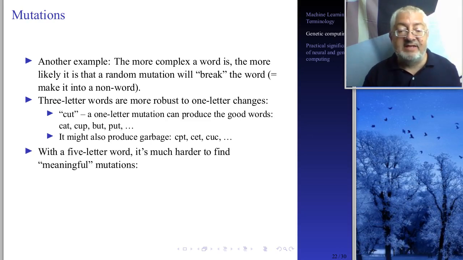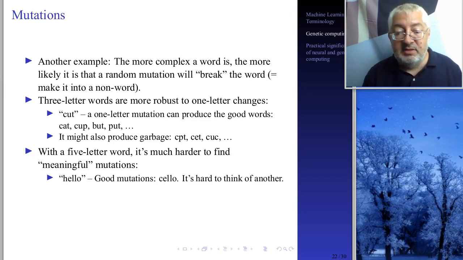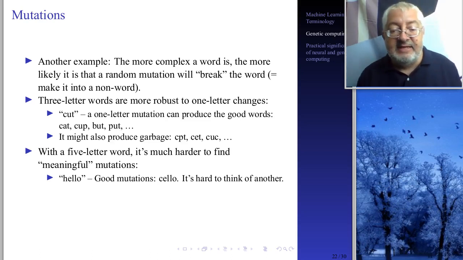With a 5-letter word, it's much harder to find meaningful mutations. So hello has a few mutations that are good, like cello, which is still a word, but it's hard to think of another. Everything else I could do to it by replacing random letters will make it into a bad word. Fellow would be a word if I also had a W at the end, right?